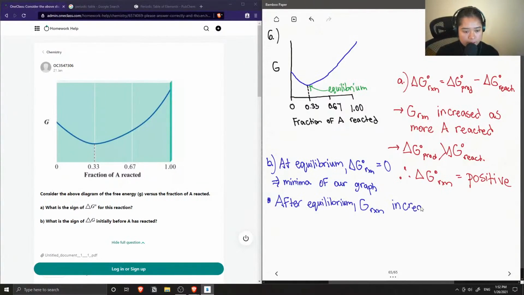You can see that it shoots straight up as delta G is positive. So this tells us that initially delta G of our reaction is negative.